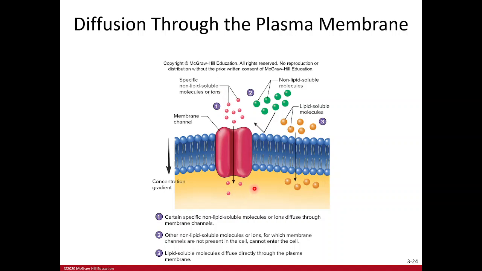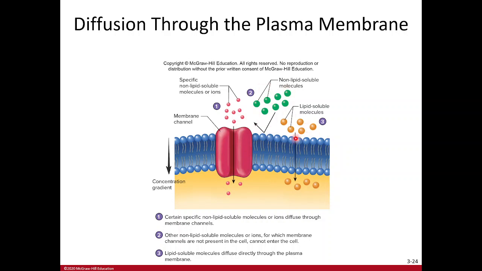And then some molecules, like this non-lipid soluble molecule, cannot enter either through this channel because it's not specific, or through the plasma membrane. So it will not penetrate. So this is the membrane being selective against this molecule.